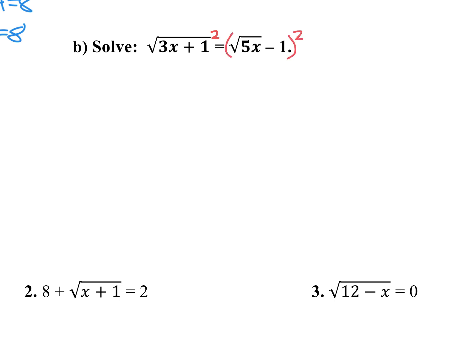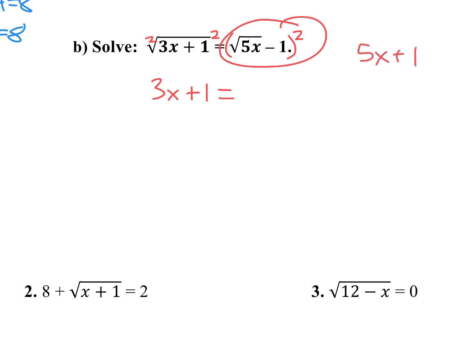So I'm going to square both sides because there's an index of 2 right there. So doing that to the left side, I get 3x plus 1. Now when I do it to the right side, this is where you have to be careful. This does not equal that. You have to FOIL.